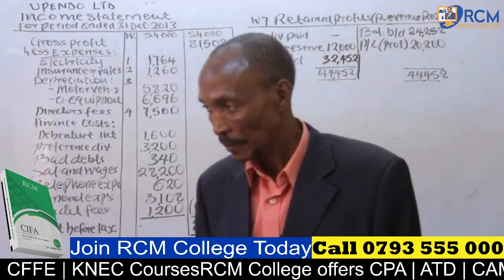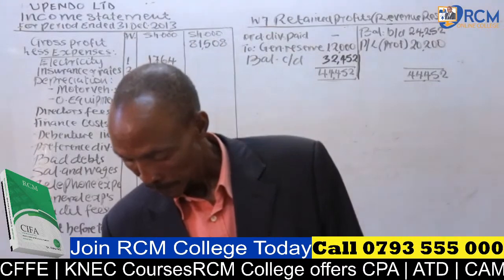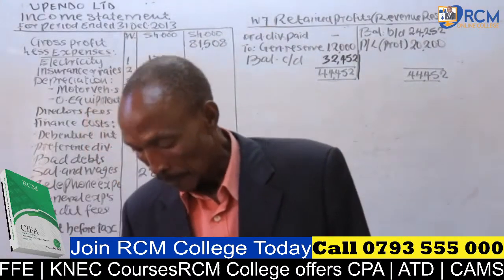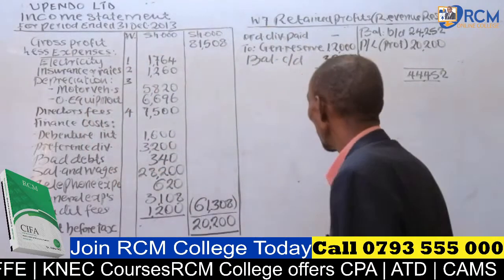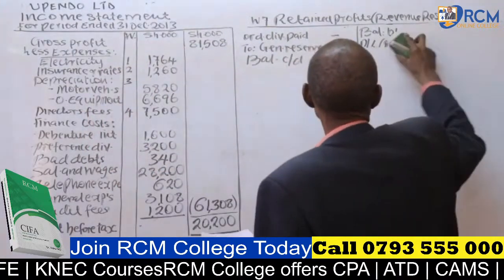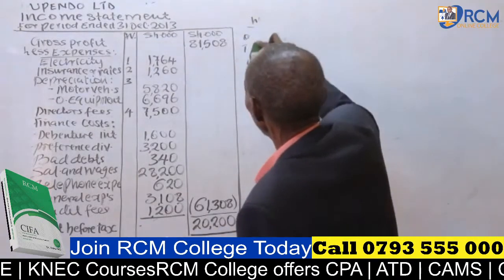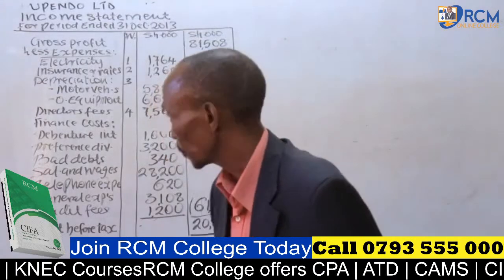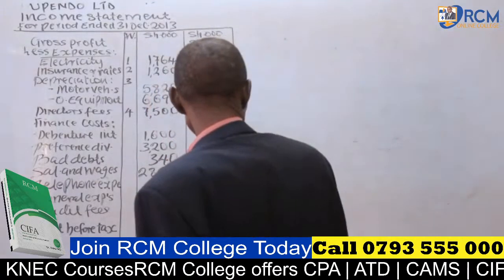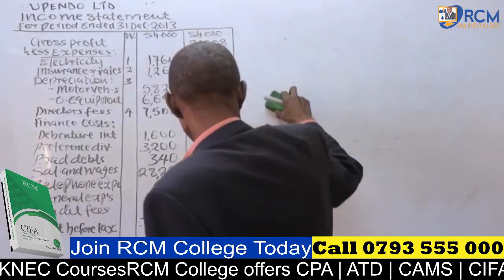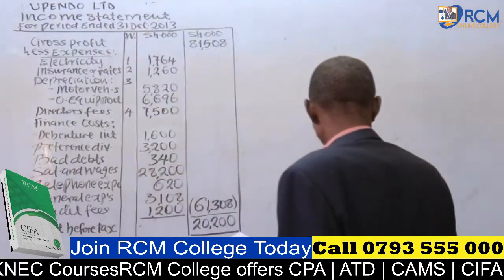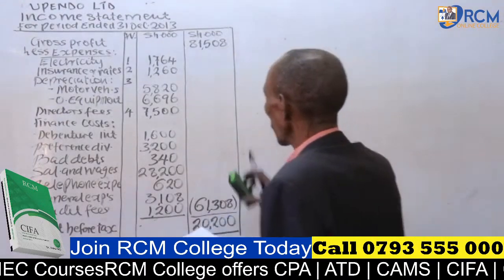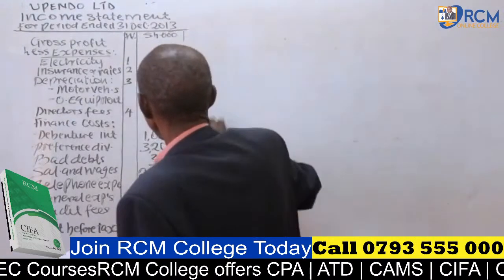Okay, that's fine. So now the next is, how do we present a statement of financial position of a company? This is retained earnings. I need that space.